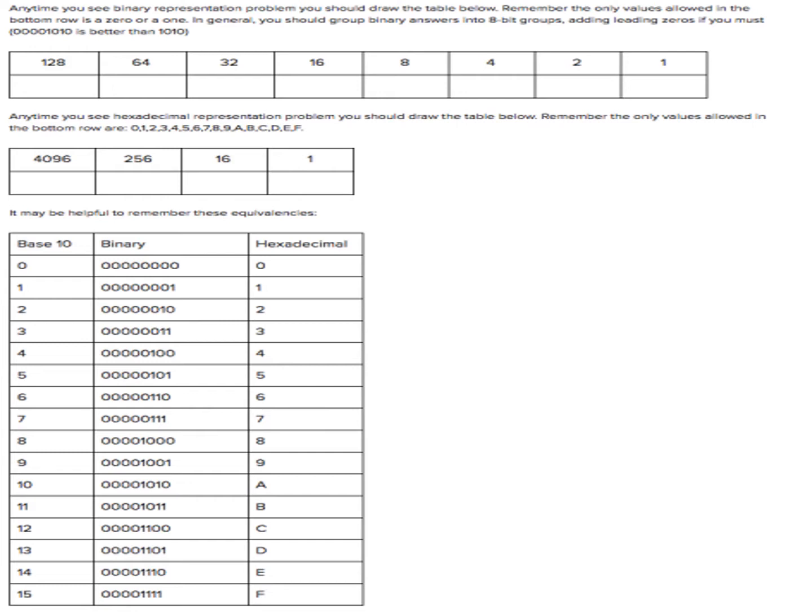Binary: 0000, 0001, 0010, 0011, 0100, 0101, 0110, 0111, 1000, 1001, 1010, 1011, 1100, 1101, 1110, 1111. Hexadecimal: 0, 1, 2, 3, 4, 5, 6, 7, 8, 9, A, B, C, D, E, F.